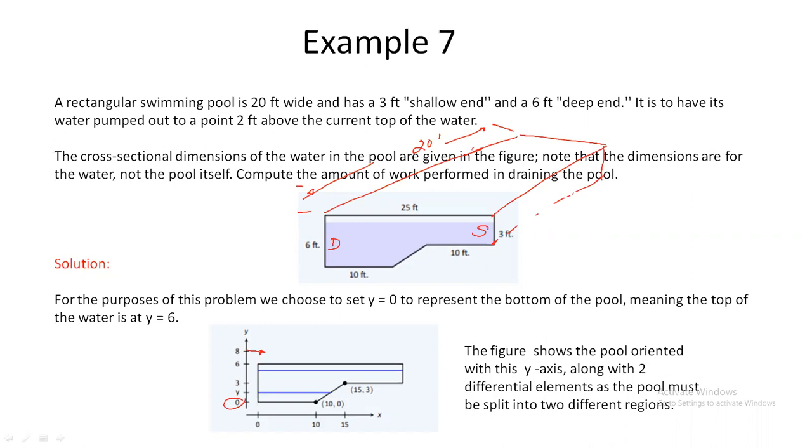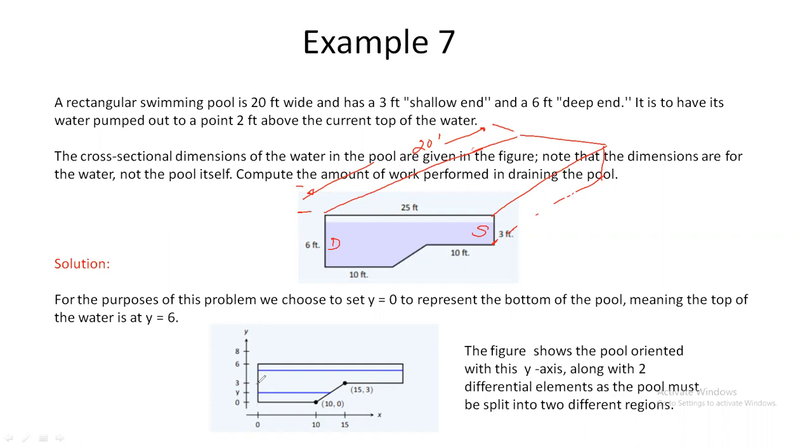Now in here, the cross-section of the side of our rectangular pool will be divided into 2 different regions. I'd like to show the division part. So this is how it's going to be divided. I'll just use the red. So when you solve this problem, you will have 2 integrals that you will just add afterwards.